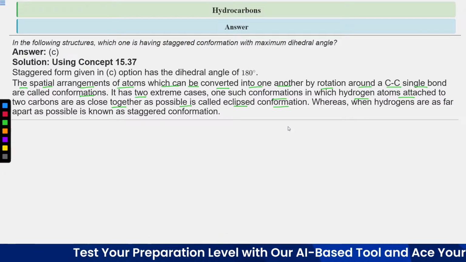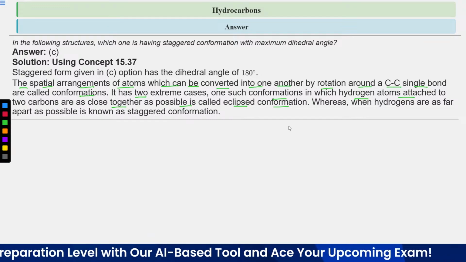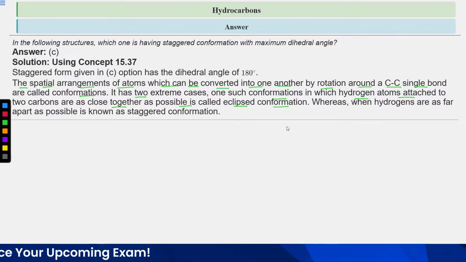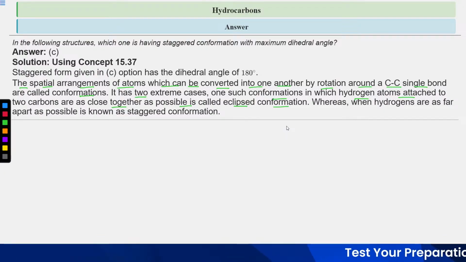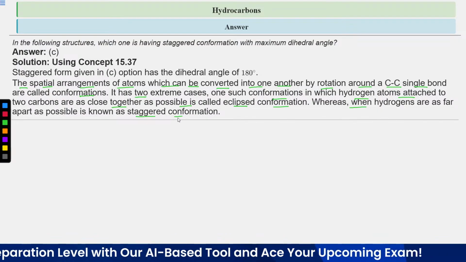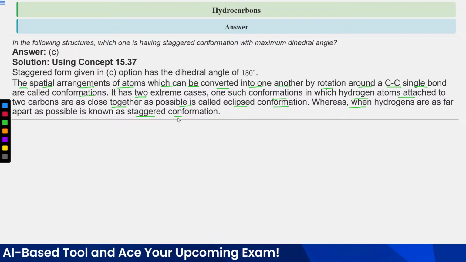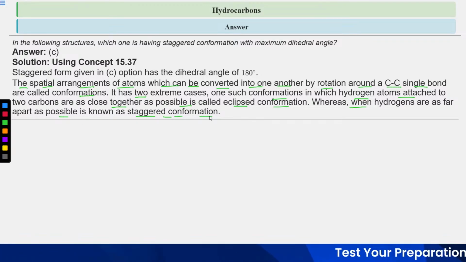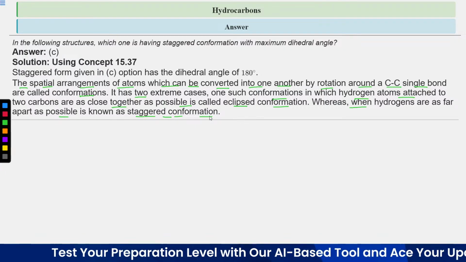The first case is when the hydrogen atoms around the two carbons arrange themselves as close as possible. Such a conformation is called the eclipsed conformation, right? Whereas the second case, when the hydrogens are as far apart as possible, is known as the staggered conformation. So there are two types of conformations after the rotation of atoms around the C-C single bond.